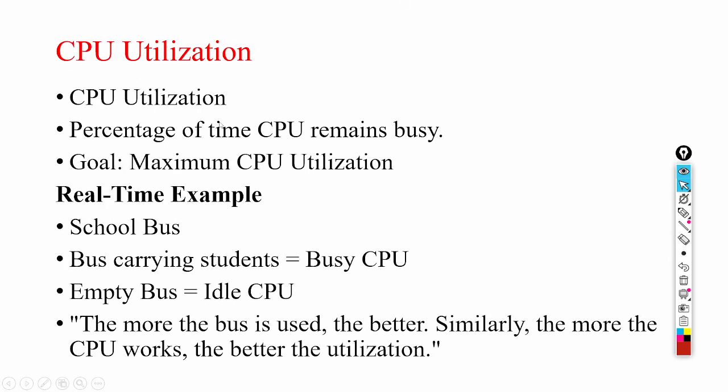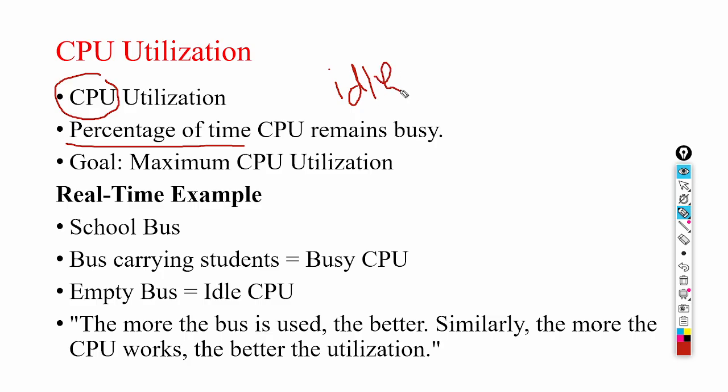Now we will discuss CPU utilization. What is CPU utilization? CPU utilization refers to the percentage of time during which the CPU remains busy performing useful work. CPU is an expensive resource. Therefore, we do not want it to remain idle. We want the CPU to do the work.